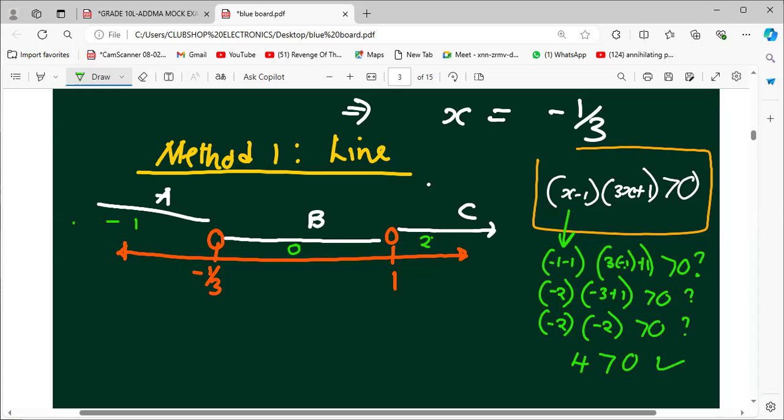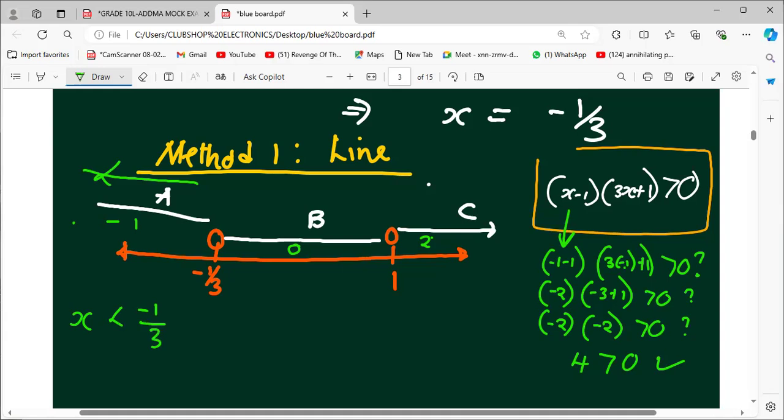Yes. So it means we are going to pick any values going to the left from -1/3, but we will not include that. So any values going to the left, they are less than this. So x, which represents the values that we are picking on this side, must be less than -1/3.